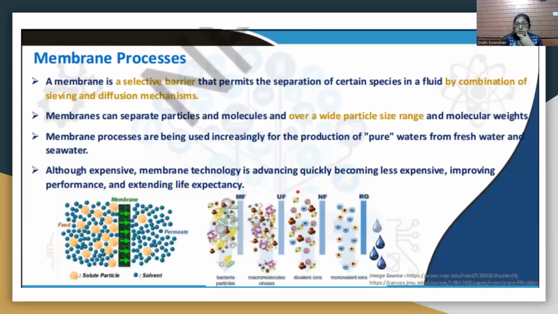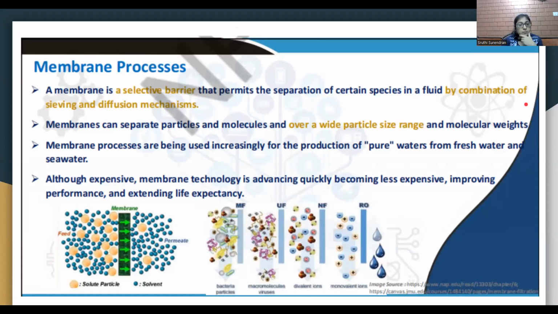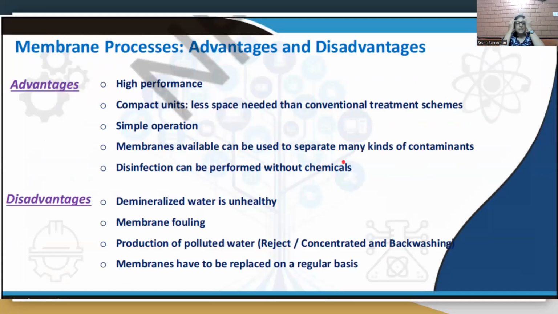Membrane process is nothing but making use of a membrane for separating out the polluted water or disinfected water to obtain better quality water. There are many kinds of membrane processes like reverse osmosis, ultrafiltration, and nanofiltration, all of which make use of membranes, and the classification is done based on the size of the membranes.